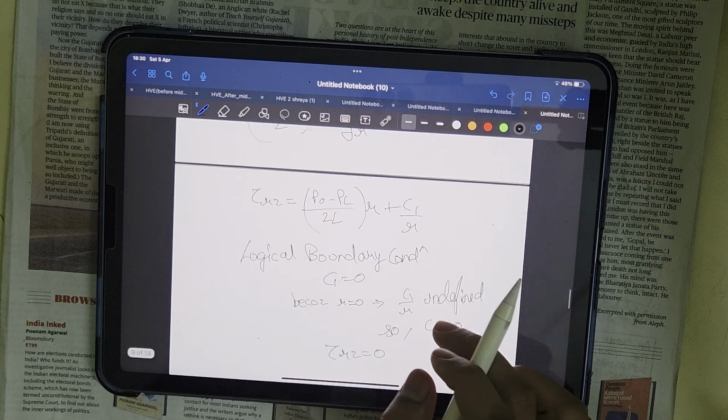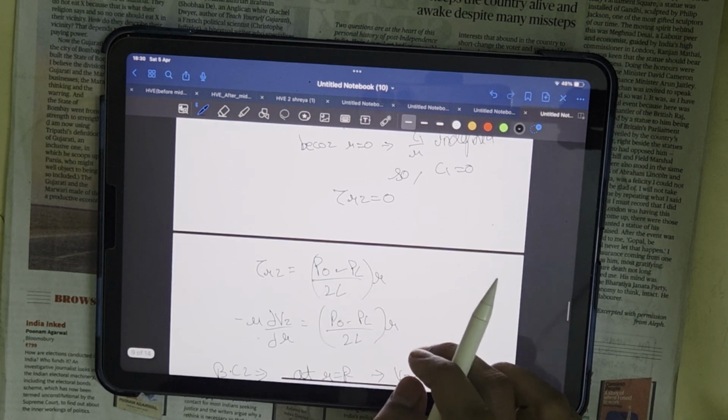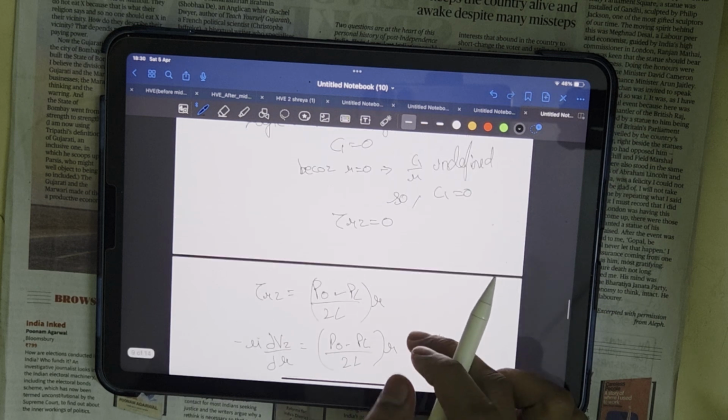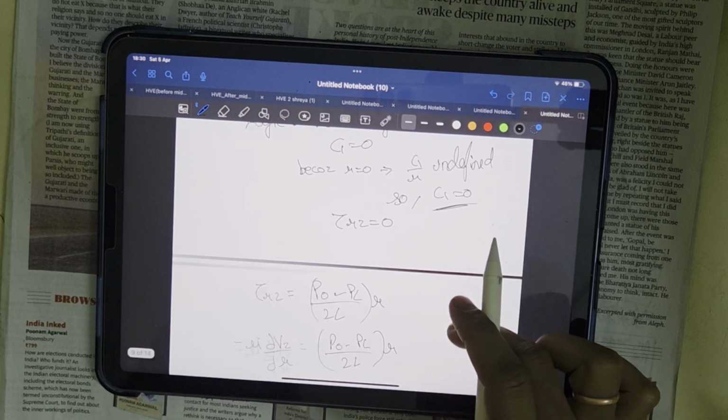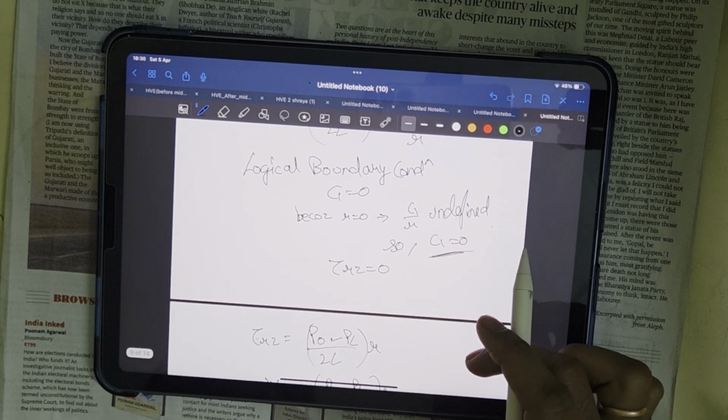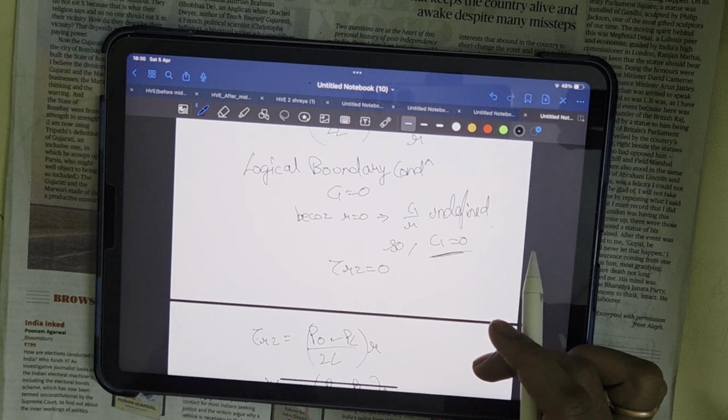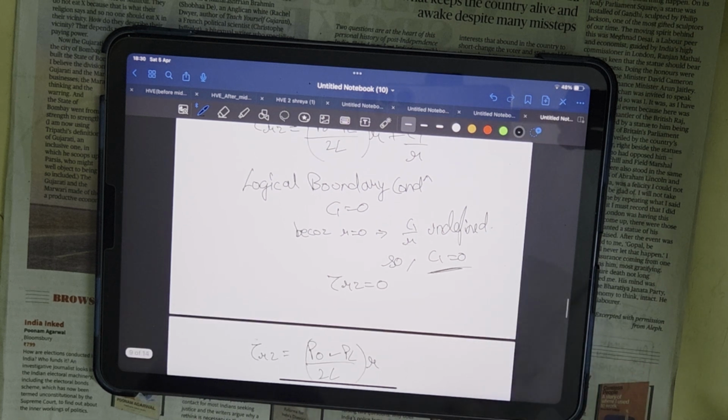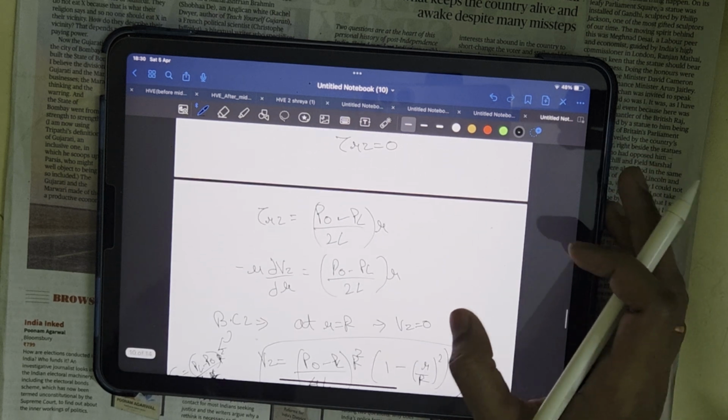After substituting the logical boundary conditions and calculating the constant, C1 equals 0 because at r equal to 0 tau rz was undefined, but the logical boundary condition says that tau rz is equal to 0 at r equal to 0, so C1 has to become 0.